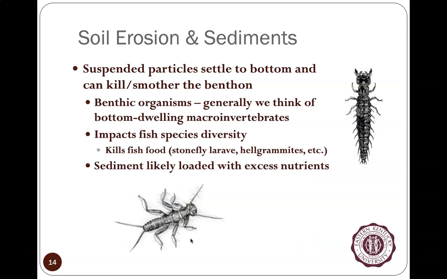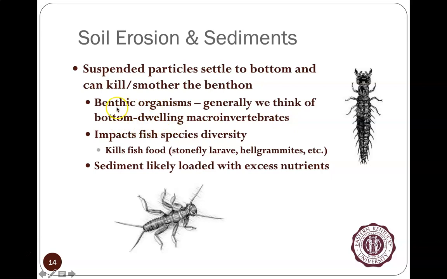Another problem with sediments is that ultimately the sediment has to settle out somewhere, and in some cases it may fill up a reservoir, decreasing flood capacity. Also, sediments may land where our benthic organisms, or the macroinvertebrates that live on the bottom, live.